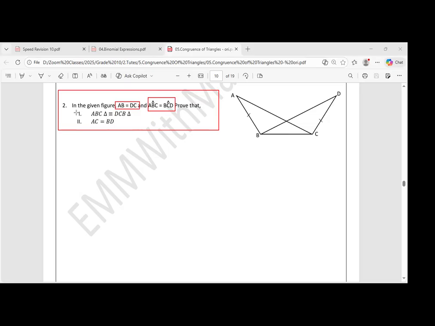In the first question, they asked to show that triangle ABC is congruent to triangle DCB. If this happens, automatically AC equals BD, under the corresponding elements. I will give you 2 minutes.